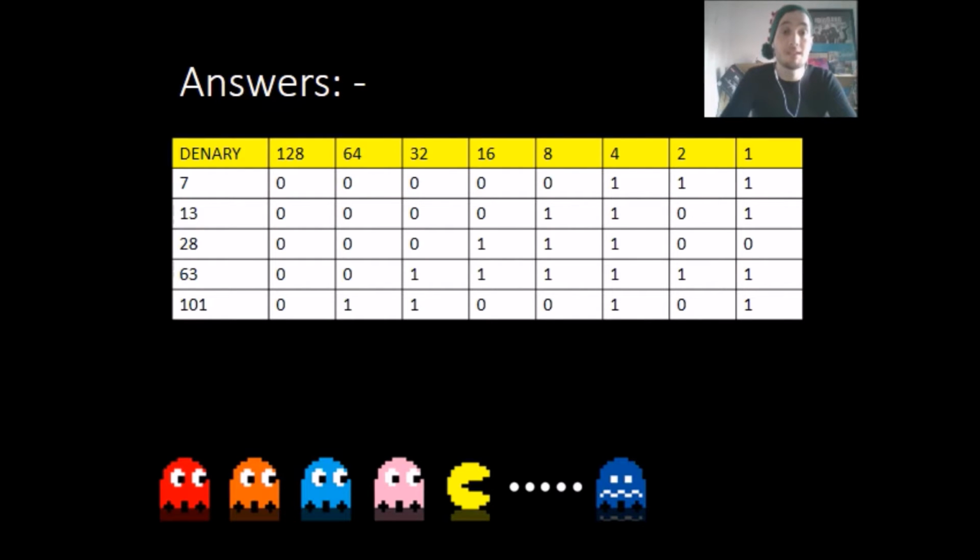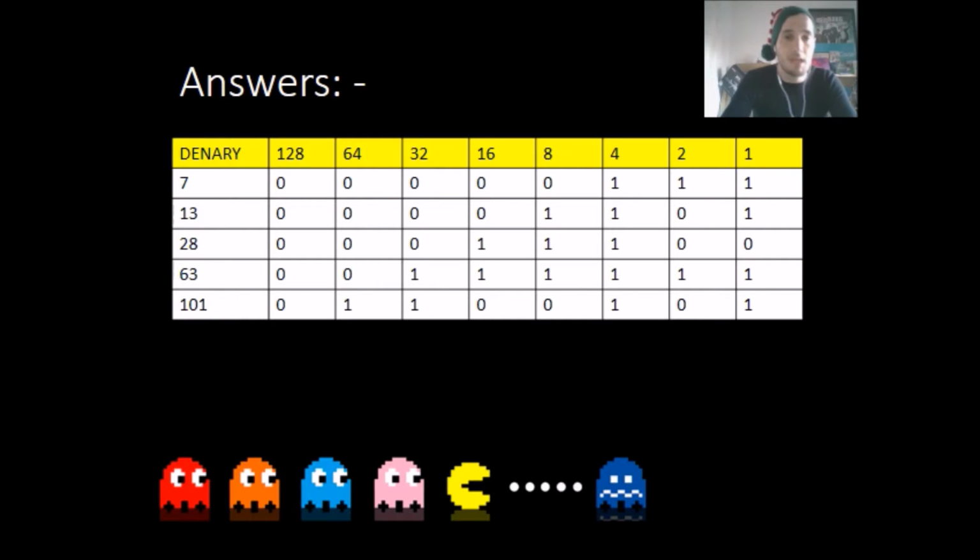So here you can see the answers to those questions. Number 7 is represented by turning a 4, a 2, and a 1 on. Pretty straightforward stuff. Number 13, you can turn the 8 and the 4 on, which makes 12. Then you can turn the 1 on, which makes 13. 28 is 16 plus the 4 would make the 20, plus the 8 is 28. 63, a little cheat for you.